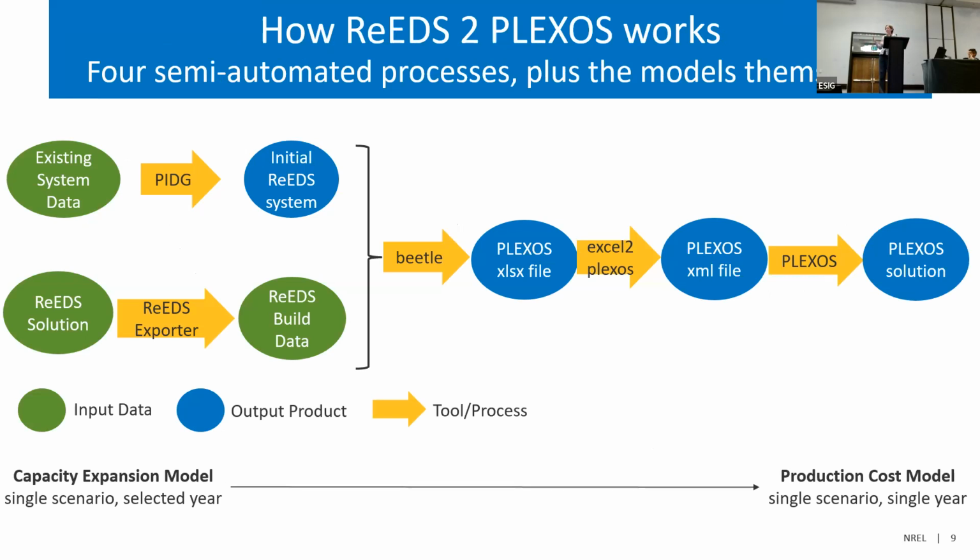We translate both of those pieces of data using a couple of tools, Pidge and the ReEDS exporter. And then we combine those two pieces of data with another software tool called Beetle. That finally gives us an XML file that PLEXOS can turn into its native format, and then we can finally run PLEXOS. So that's kind of how that goes.